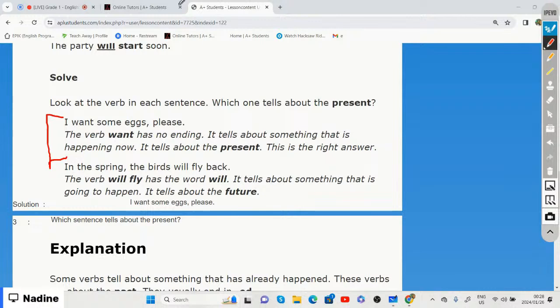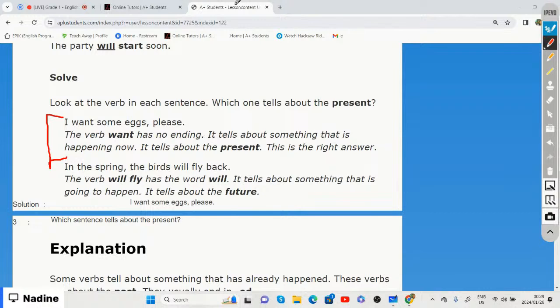The verb want has no ending, and it tells about something that is happening now.